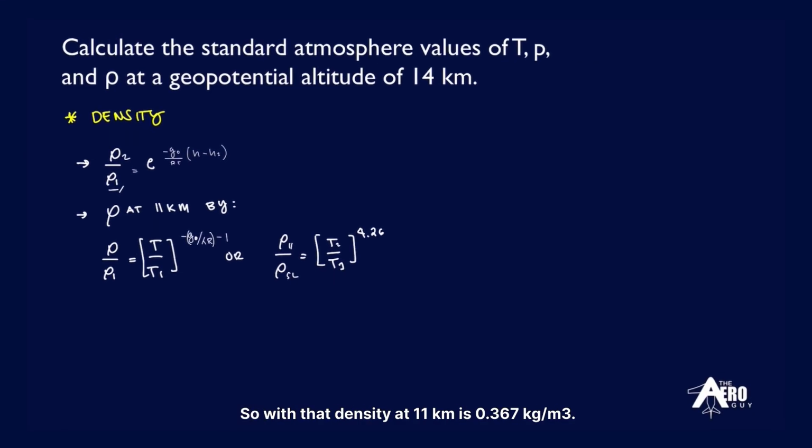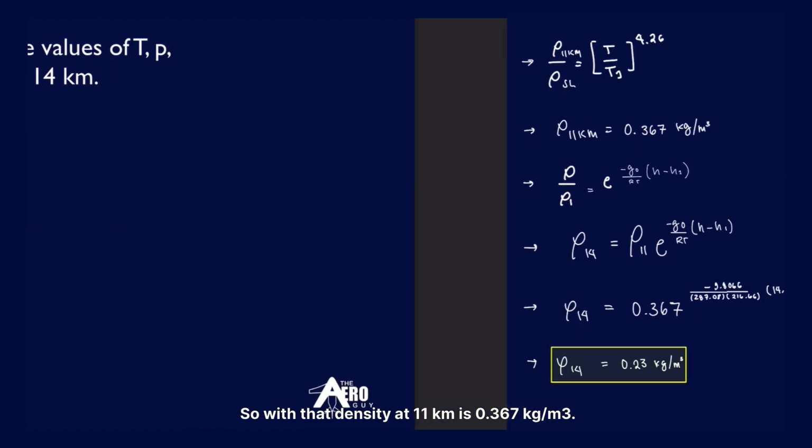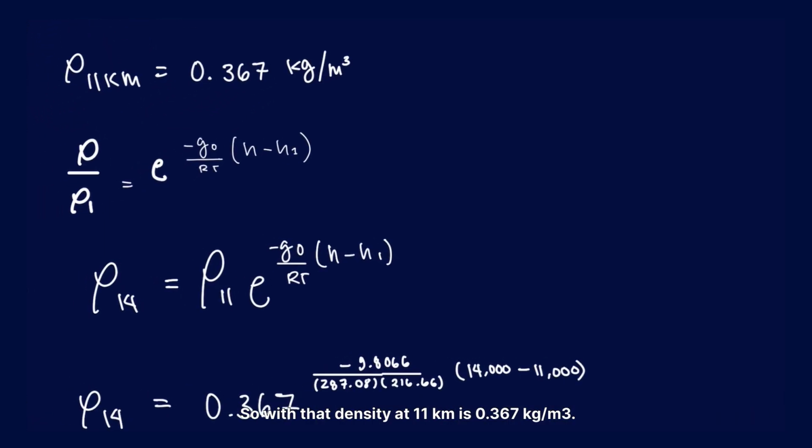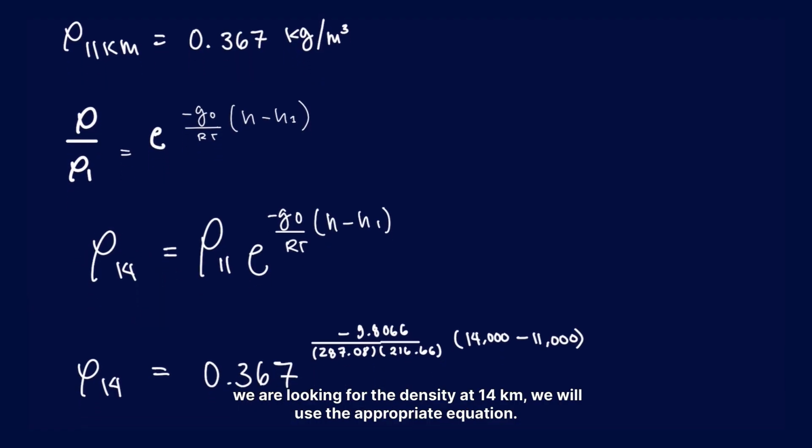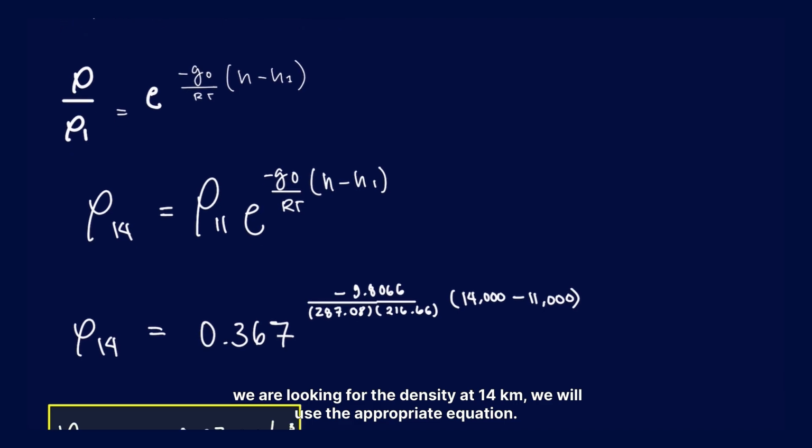So with that, density at 11 kilometers is 0.367 kilogram per cubic meter. Substituting that into the equation for the density ratio at the isothermal region, again we're looking for the density at 14 kilometers. We will use the appropriate equation.